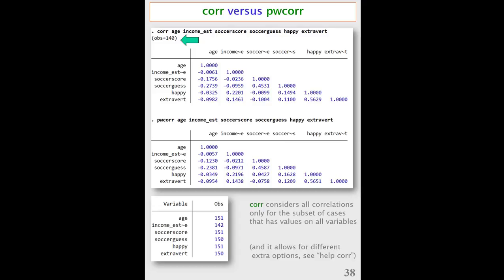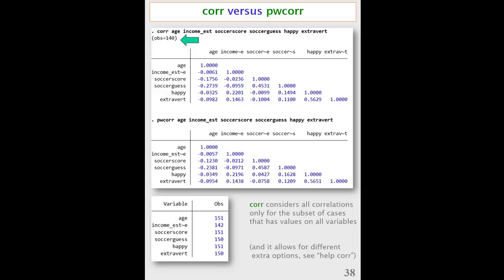What you get here for the correlation command, so not the pwcorr in front of it, is what Stata does first: for all the variables that you have, determine for which cases in your data you have all these variables. And it might be that if you have a couple missings here, and a couple missings there, that the number of cases that you end up with is seriously smaller than the set that you started with.